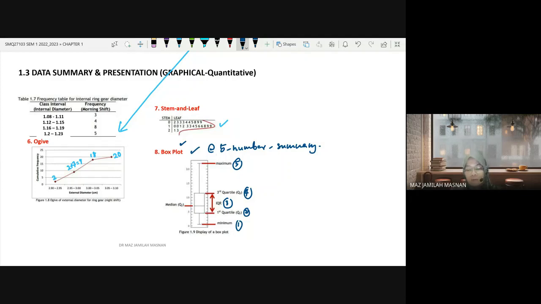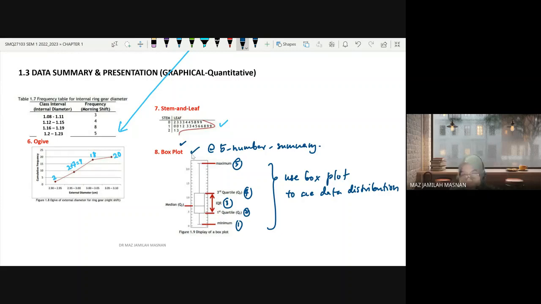This box plot will show you how your data looks like. Most of the time we will use this box plot to figure out our data distribution.